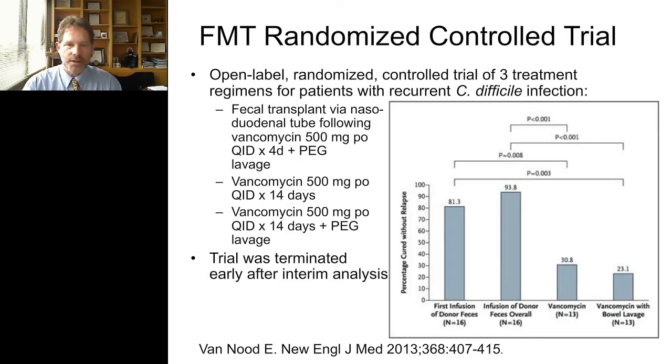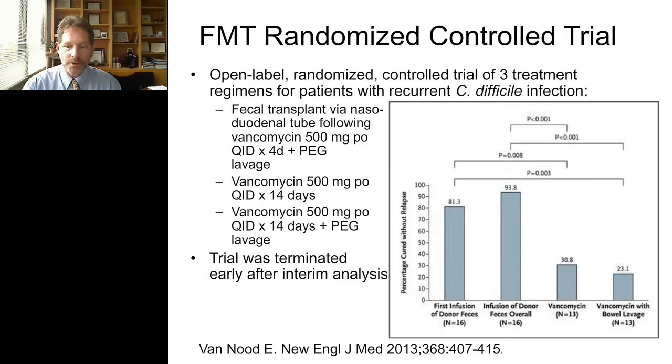What these investigators did was a randomized controlled trial of 3 treatment arms. The first was the fecal transplant via a nasoduodenal tube, and this was done after the patient had received 4 days of vancomycin and polyethylene glycol bowel lavage. The other 2 groups were vancomycin 500 milligrams 4 times a day for 14 days. One of those 2 groups also got the polyethylene glycol bowel lavage. This study was terminated early because of how effective the fecal transfer was.